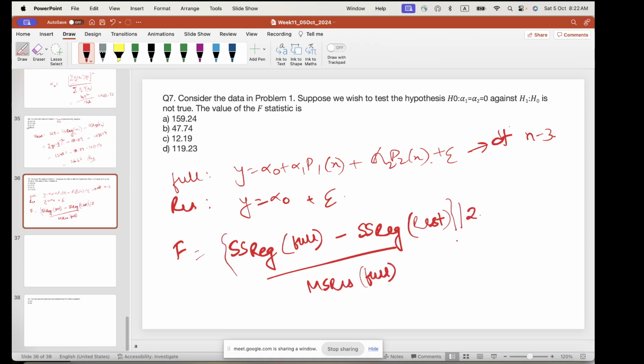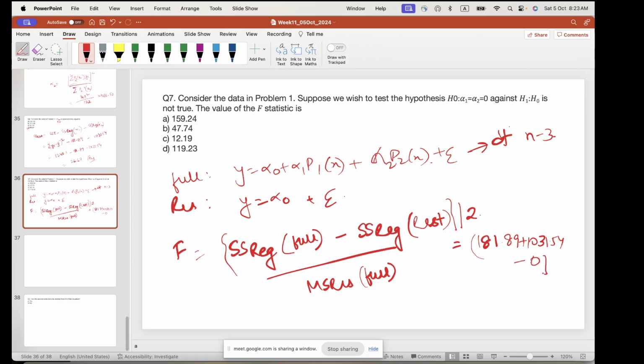So here it will be 2, or in other words, SS regression of the full model is 181.89 plus 1031.54, and SS regression for the restricted model is actually 0 because no explanatory variable is there.